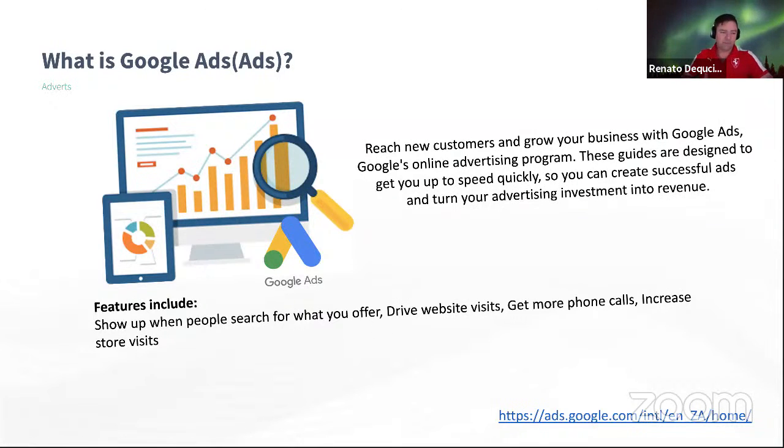Okay, cool. So what is Google Ads? In a nutshell, this is the way for you to reach your customers, to be in front of them when they're actually looking for what you've got. Again, this is a paid program. You pay for the ads, and there is a cost, but you can set up your budget to be what you want.